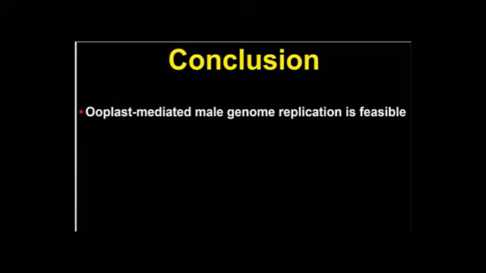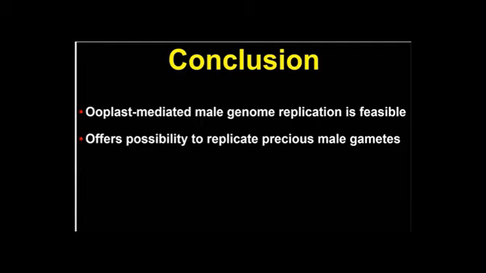To conclude, this study has shown that the ooplast-mediated male genome cloning is feasible in a mouse model. Those replicated male genomes can be utilized to construct a developmentally competent zygote able to achieve complete pre-implantation embryogenesis. Once this technique is optimized in human, it offers the possibility to replicate precious male gametes, especially for men with severe hypospermatogenesis.